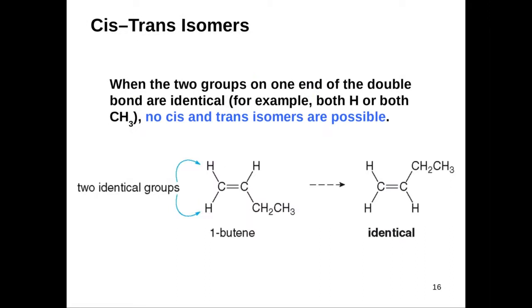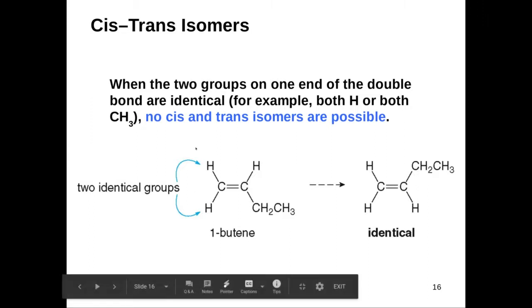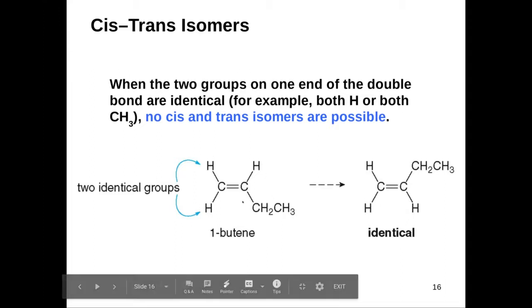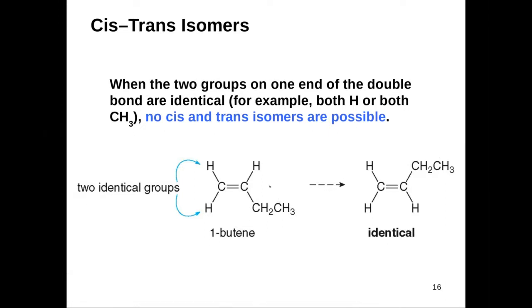Now, when two of the groups on one end of the double bond are identical, so in this case, I have two hydrogens here, and then I have an ethyl group and a hydrogen here, there are no cis and trans isomers possible either. So in this case, I have hydrogens here, and I can write the ethyl group here or here, but this is exactly the same.